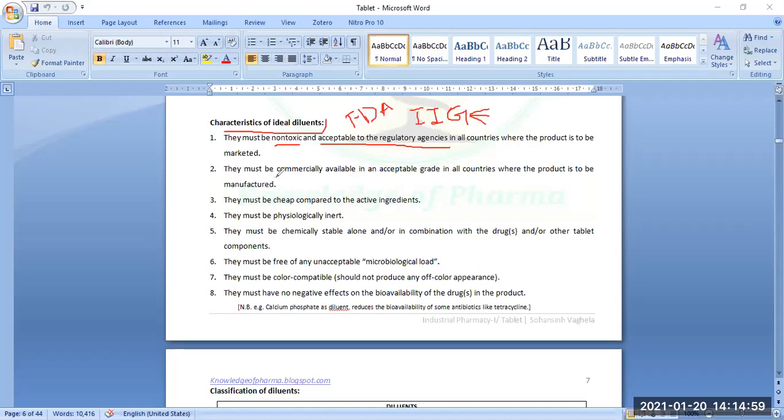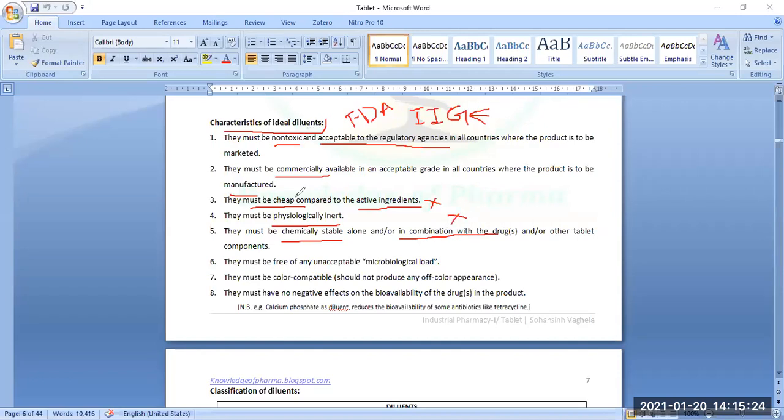Okay, regulatory agency. It must be commercially available, not too much higher cost. Okay, so it reduces the cost of the manufacturer. Must be cheap compared to active ingredient. ऐसा भी नहीं होना चाहिए कि active ingredient से उसकी price ज्यादा है. And physiologically inert, must be chemically stable alone or in combination with the drug.